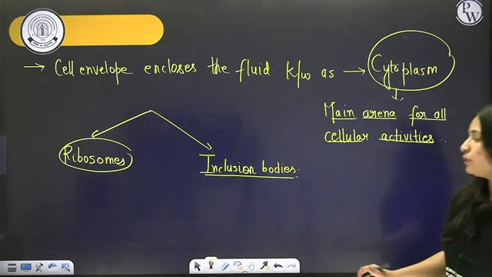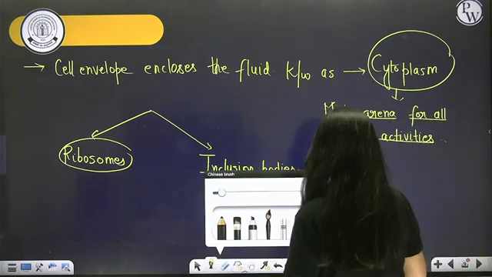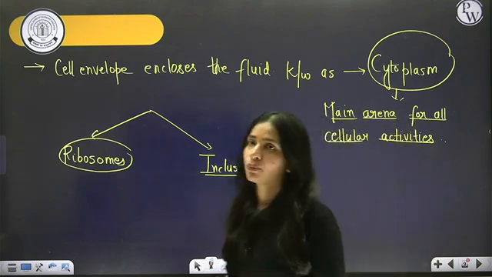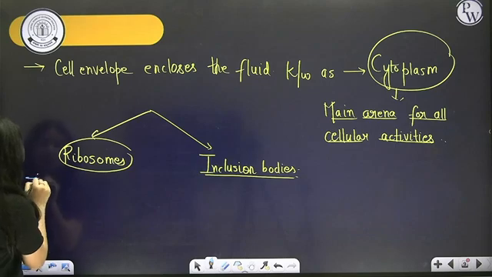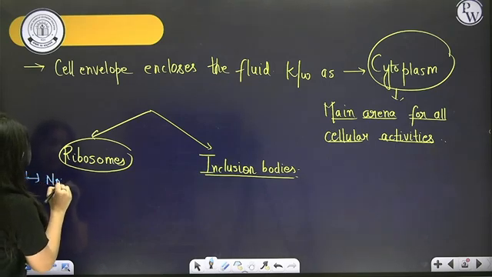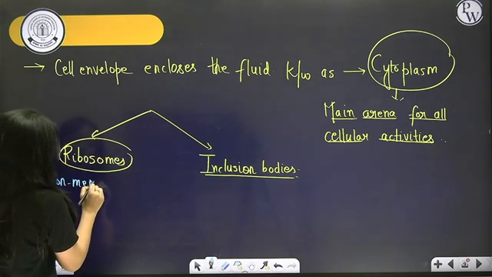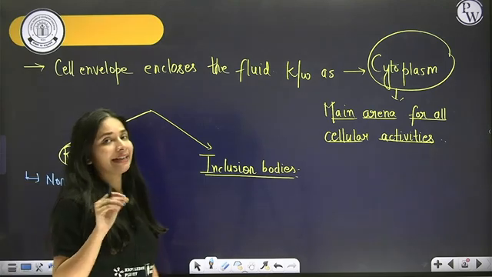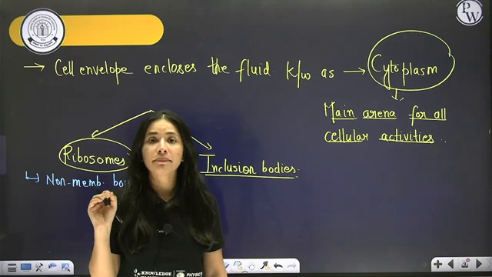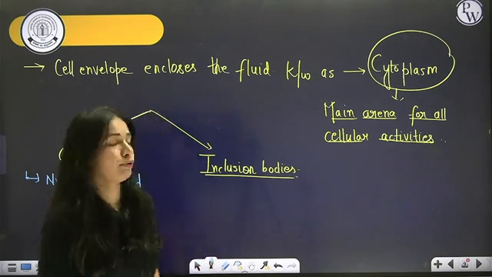I hope you all have little bit idea about ribosomes. So what are ribosomes? First point, non-membrane bound. Non-membrane means it lacks any defined membrane around itself.